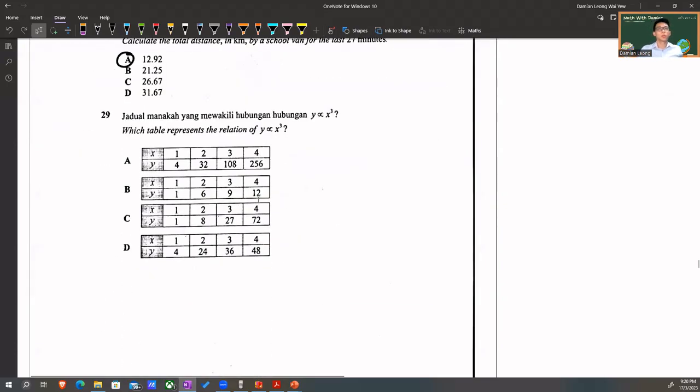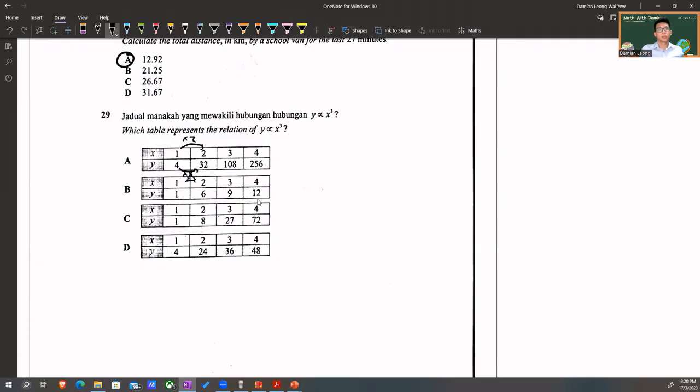Okay. Question 29, this is variation. So which table represents the relation y varies with x cubed? So y varies with x cubed. If I compare here, times 2, this is times 8.